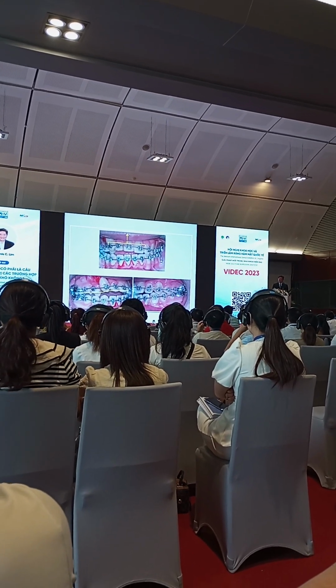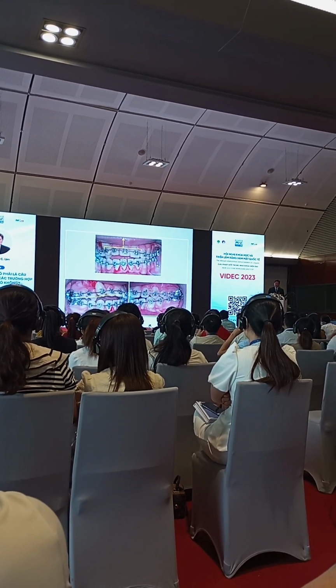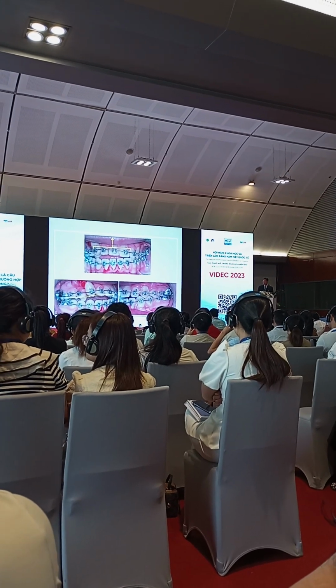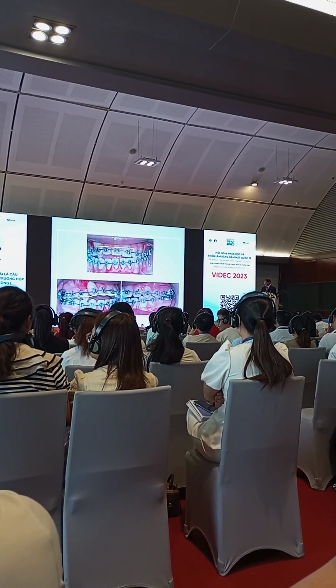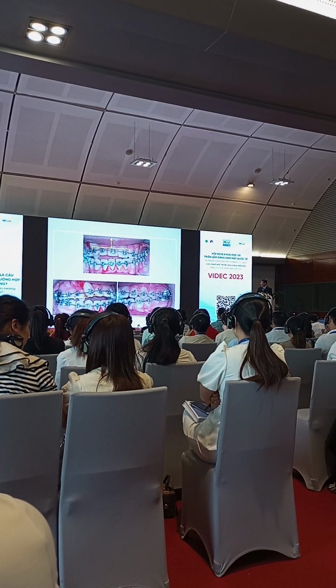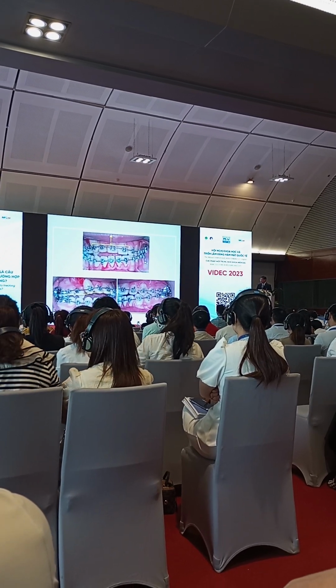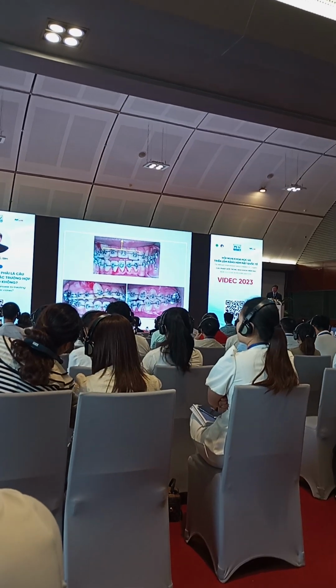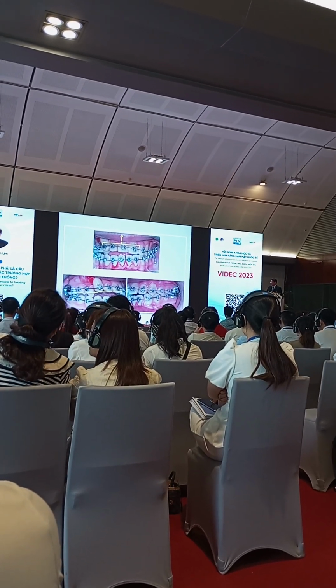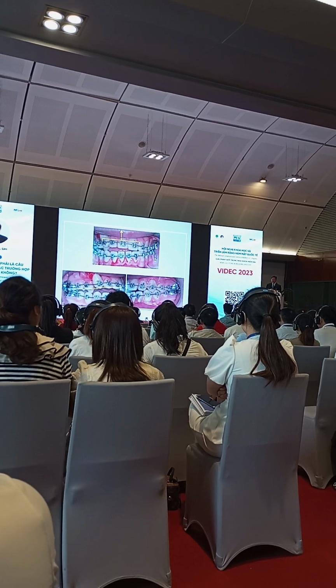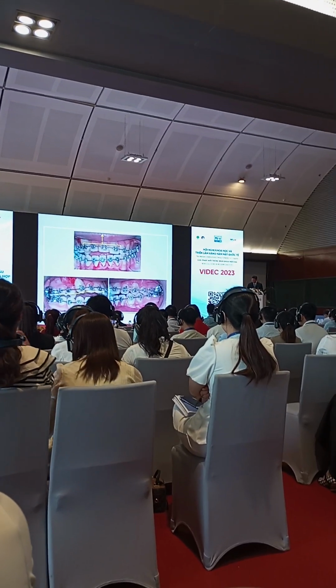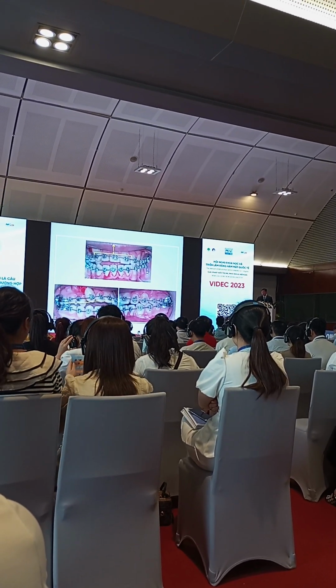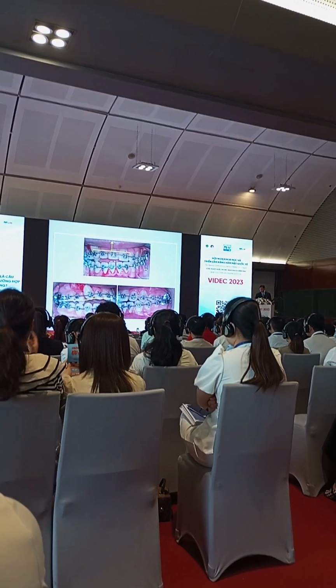Okay? But I'm just not comfortable with the single wing. That's why I have to change it to a twin bracket because I felt that I need now, okay, to torque again, okay, this particular tooth. Okay? Meaning I need to make the root go buccal so that the cusp of the premolar goes up and it will close now the bite. Okay? So first nitinol wire and then change it to stainless steel wire and do the torquing.